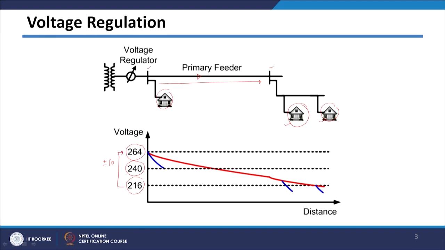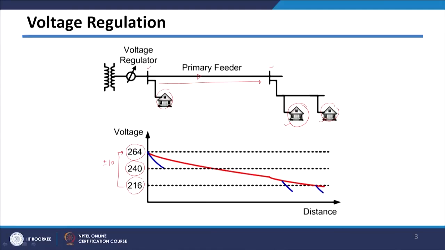So, all over the system, the voltages should be between 216 and 264. Now, suppose during no load condition the voltage is something like this.